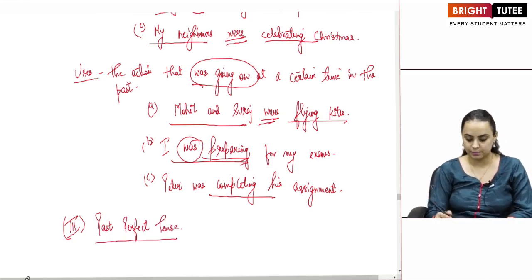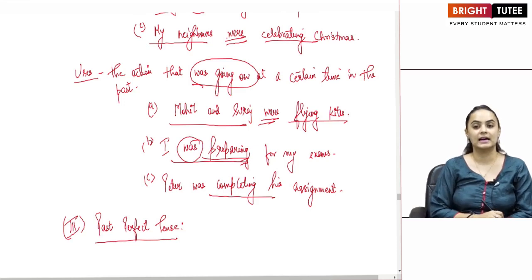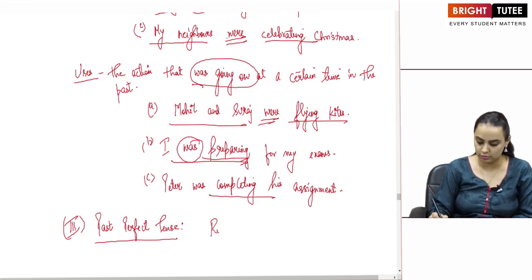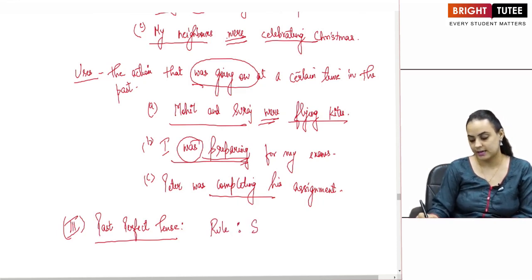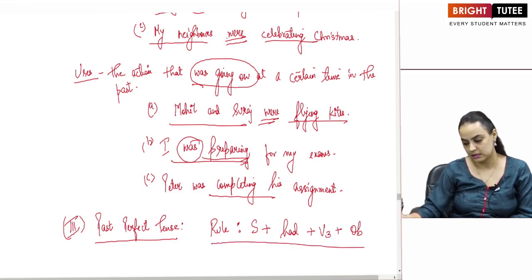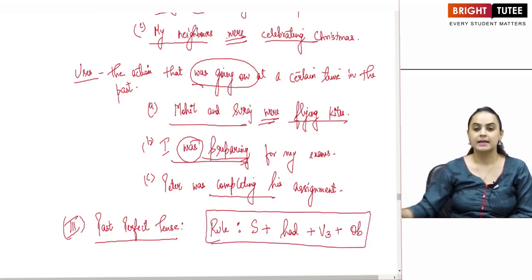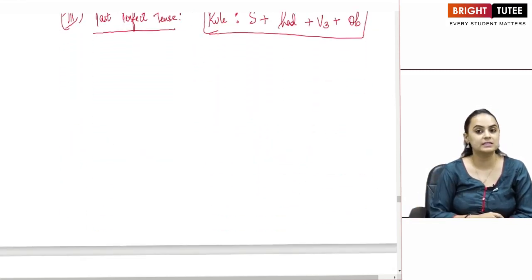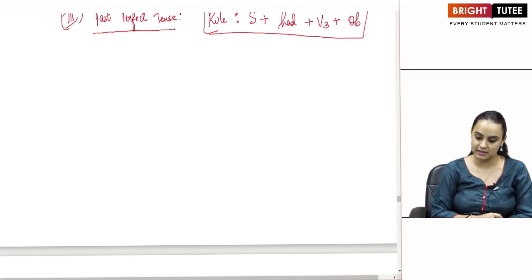So past perfect tense is the last subcategory. Before we move on to this, let us talk about the rule. It says subject plus had plus the third form of the verb and the object. This is the only rule for making a sentence in the past perfect tense.